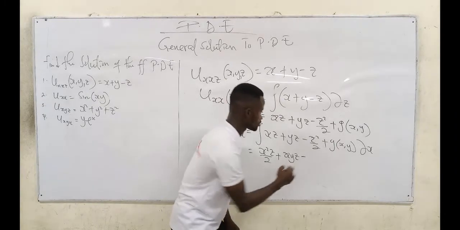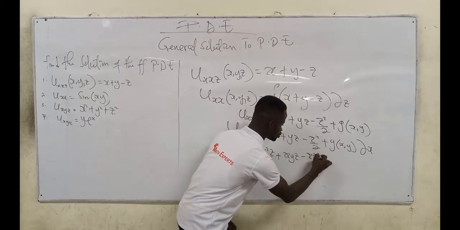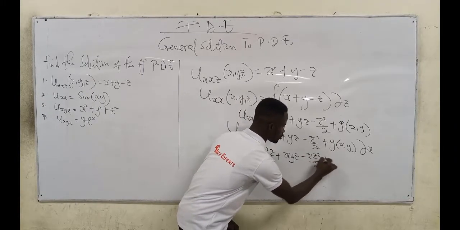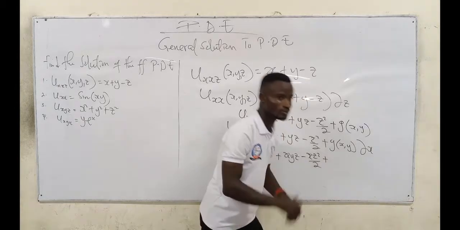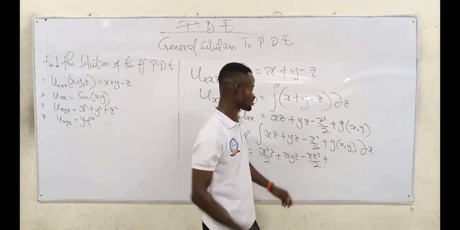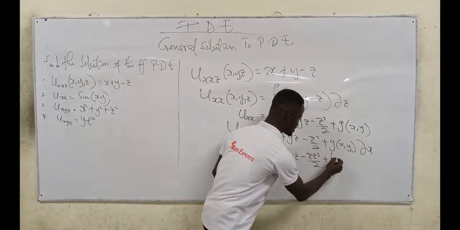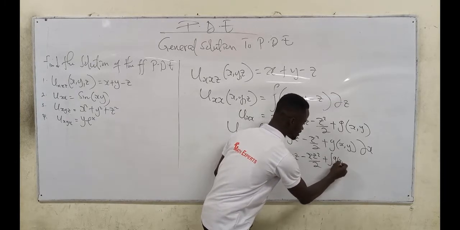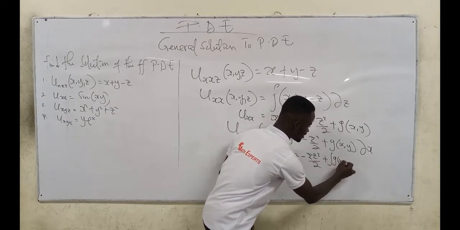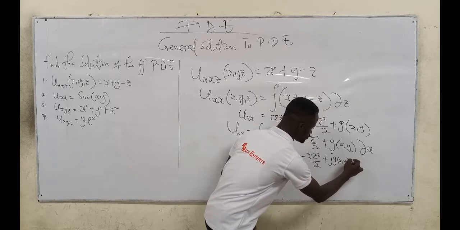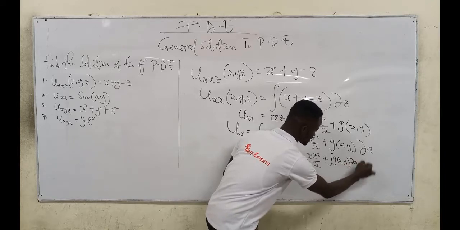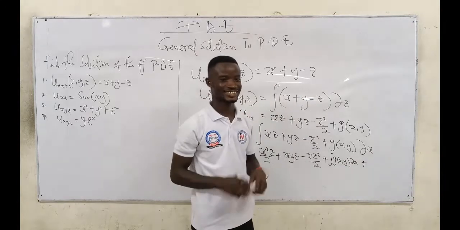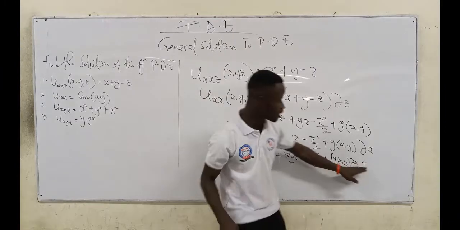Minus xz squared over 2. The integral of that. We are integrating this with respect to x. All right.